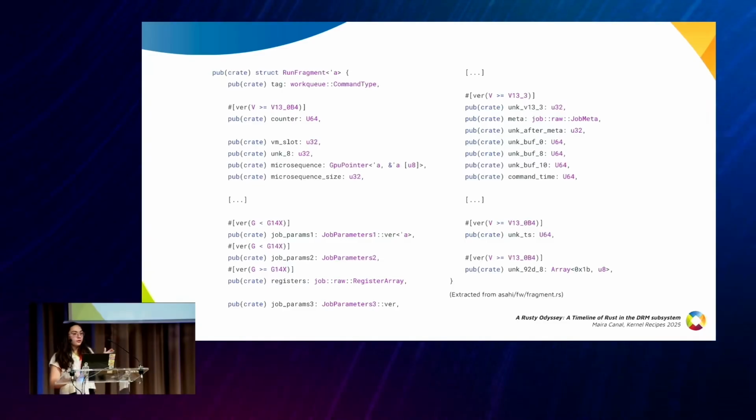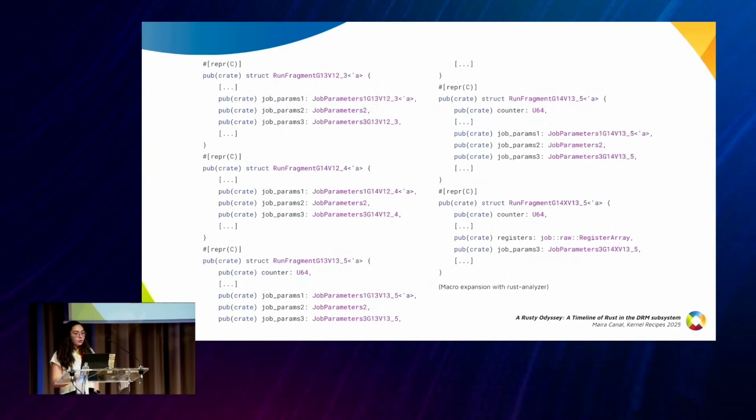For example, let's say the counter field, which is the second one. The idea here is that the counter field only exists if the firmware is greater than v13.0b4. If the firmware is less than this version, the counter won't exist.